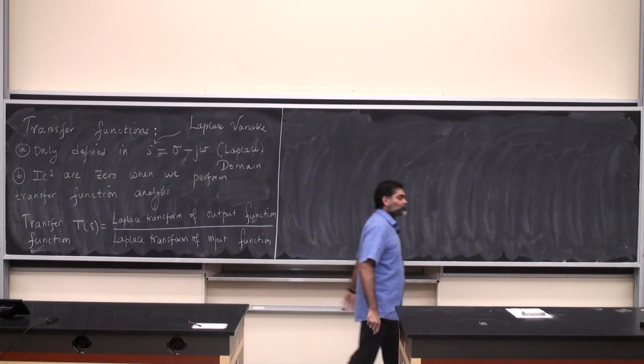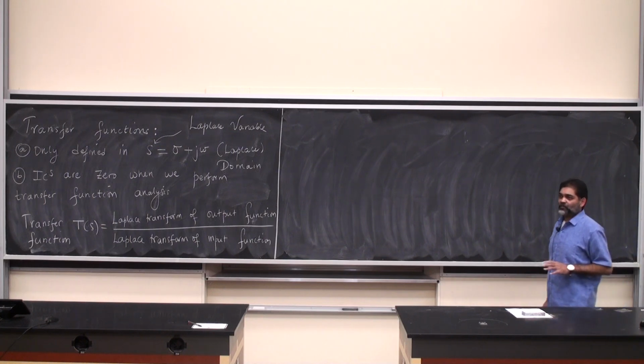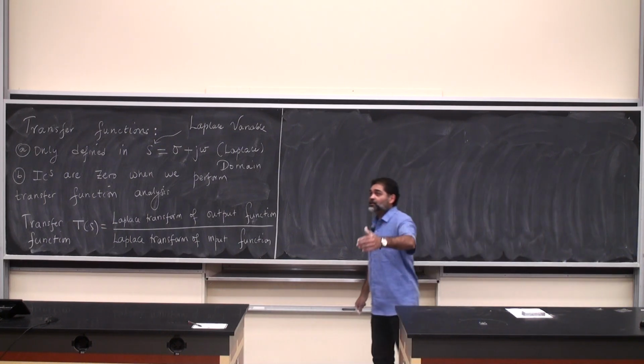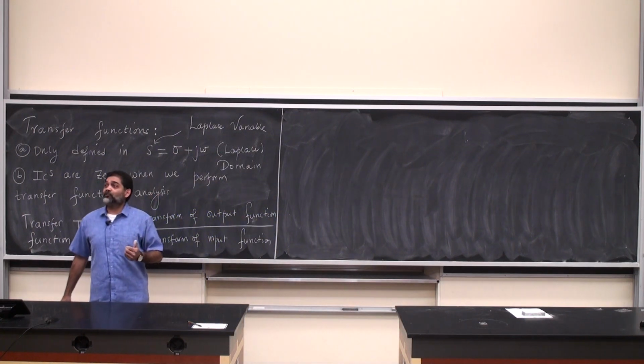What's the output function? The output function is the dependent variable that we have been working with in all our ODEs. So if I have an equation of motion x double dot is equal to f of t, then the output variable is x of t, the input function is f of t.